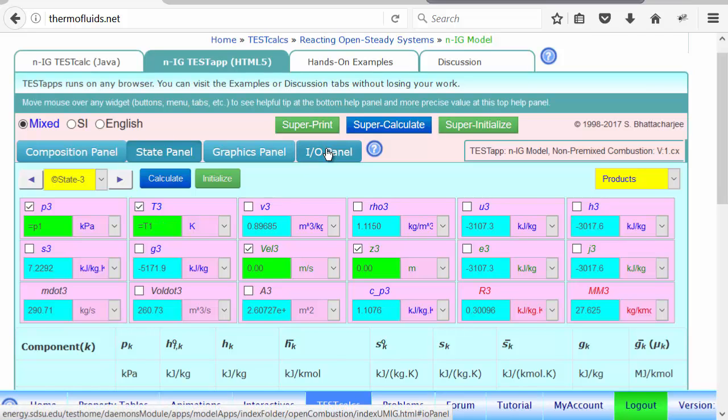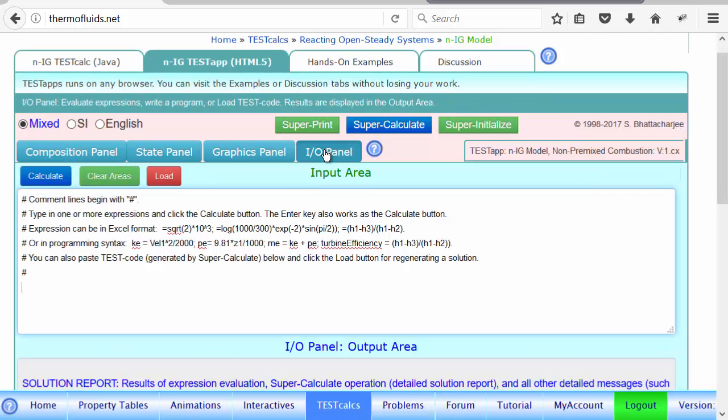How do we figure out the heating value? In this particular case, how much heat is being taken out to make the products cooler? Let's call it Q dot out.